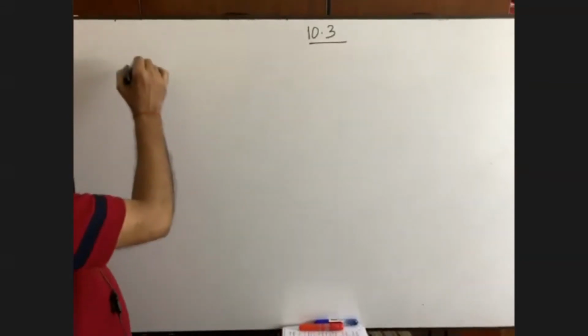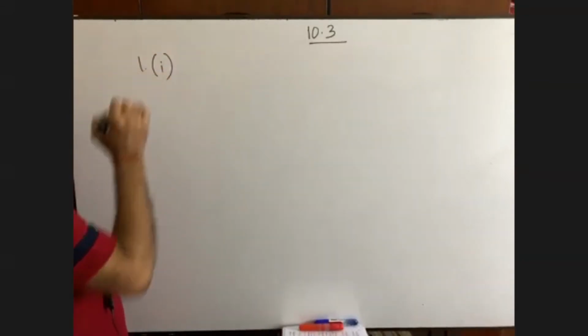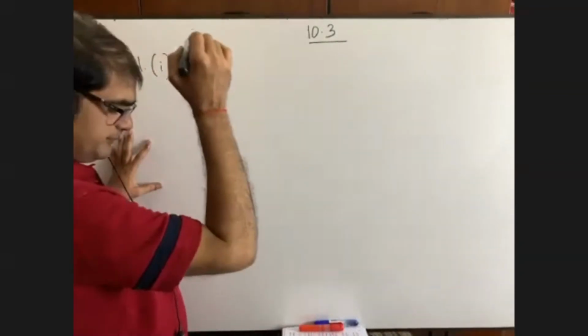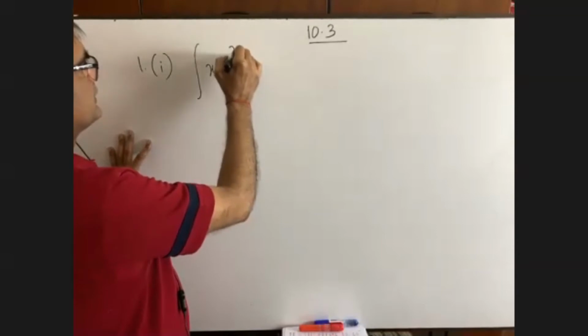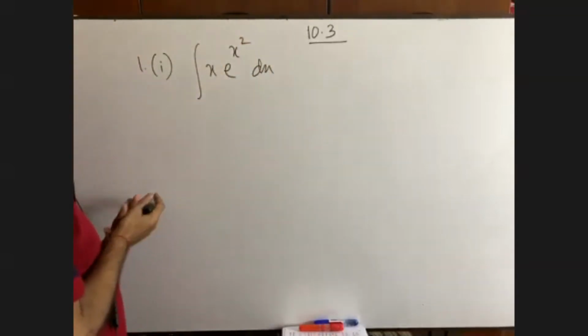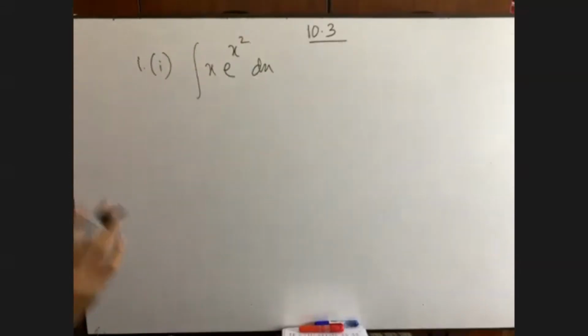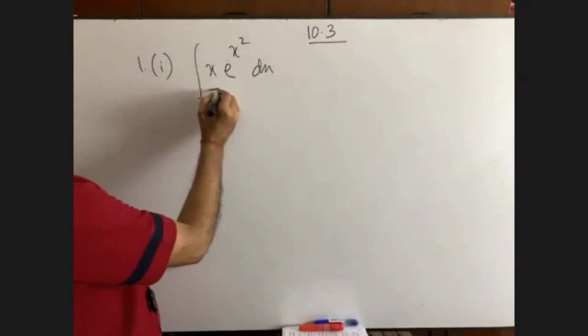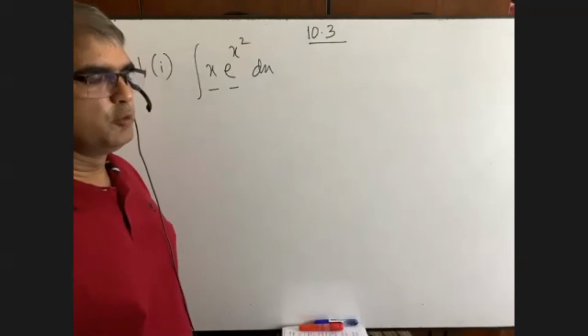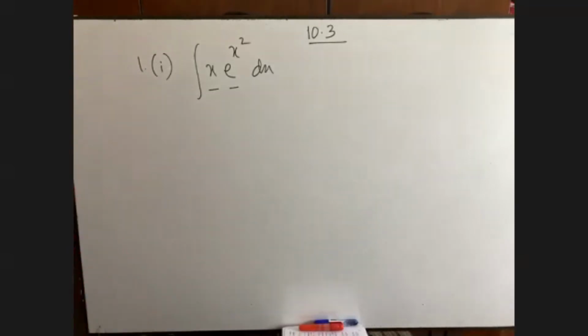Okay, number 1, you see, it is x e to the power x square dx. This is the math. How many functions are there? 2 functions. They are in the form of multiplication, but we really don't know any formula of multiplication.